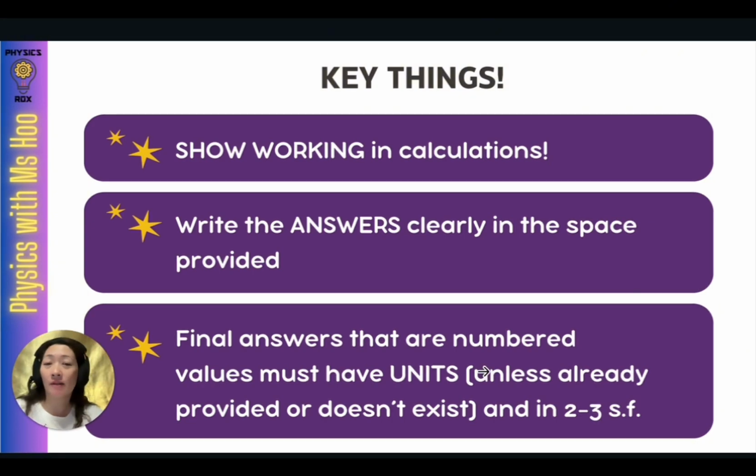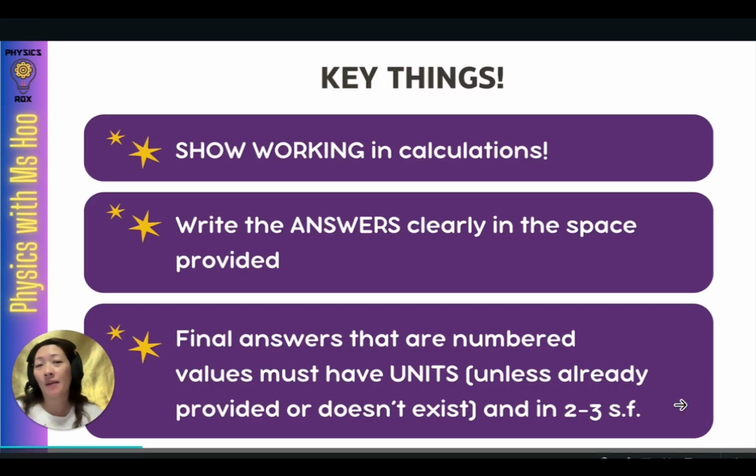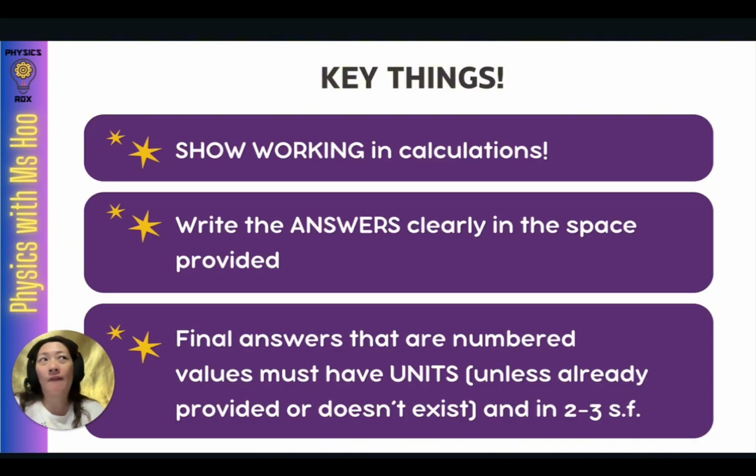By the way, just to clarify, only the final answer needs to be in 2 to 3 significant figures. Sometimes when you're doing calculations, the numbers that you're using could be like 4 to 5 significant figures or even more. So when you're doing the calculations, numbers that you're substituting in the equation could have many significant figures. The value you could get for your answer could have many significant figures.